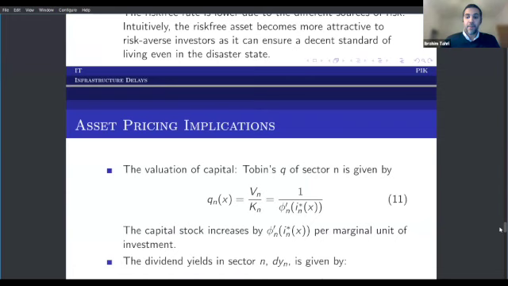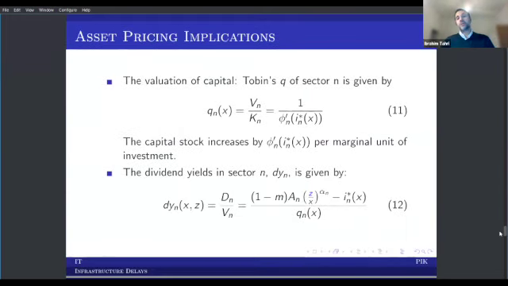Now, what happens to the value of capital? We can derive the dividend yield in each sector, and we get the following equation, which is a function of the dividend but also of Tobin's Q. The term I put in blue represents the share of public capital to private capital, as I defined above.